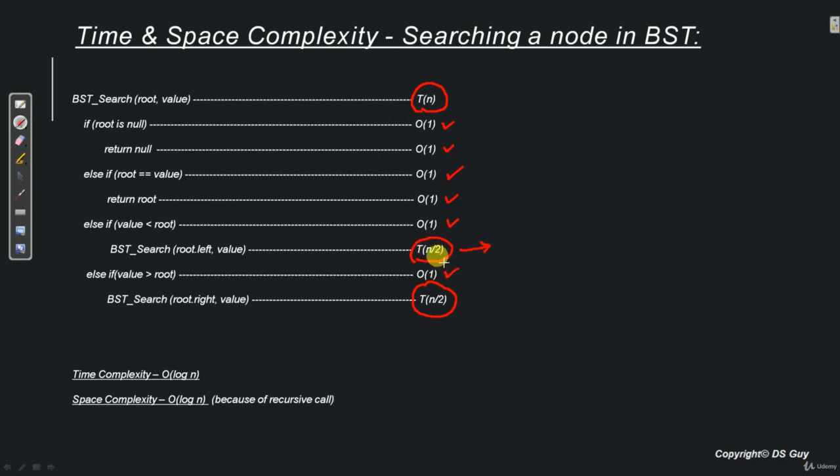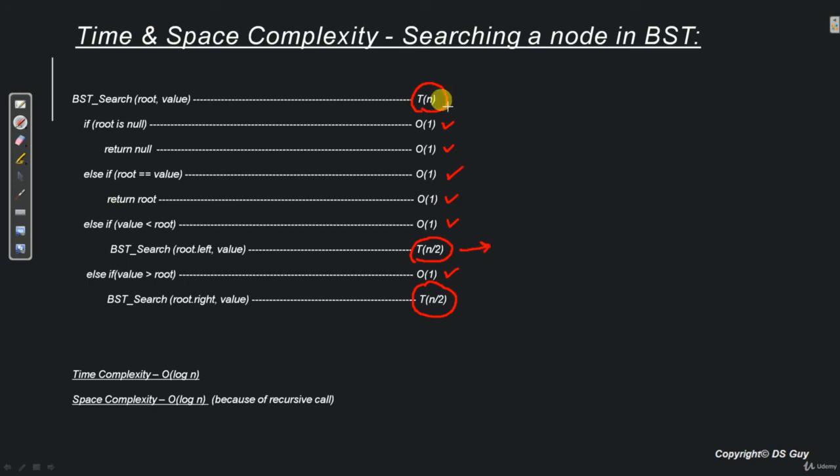Simple. If you remember from the previous slide, in every step we are dividing the problem into two equal halves. So if the original algorithm, let's say, takes 100 seconds to execute, then if we divide that algorithm into two equal halves, will it not take 50 seconds each? Yes. So that's the same thing we have done.